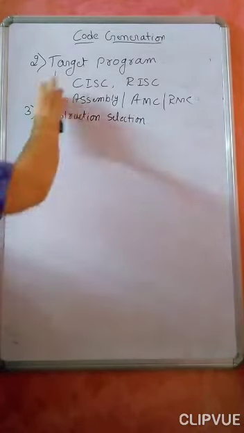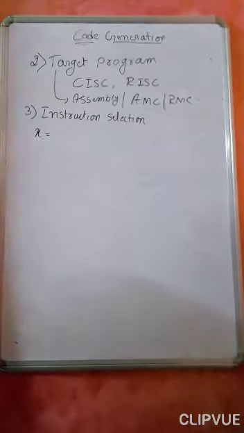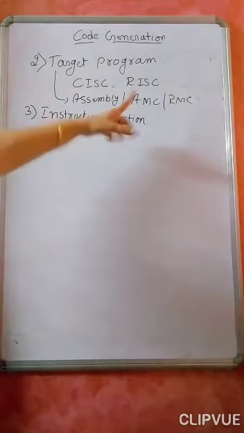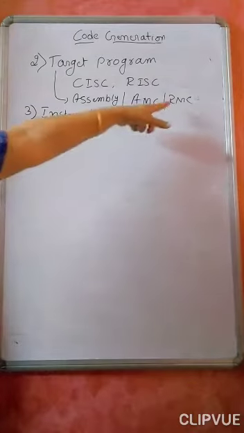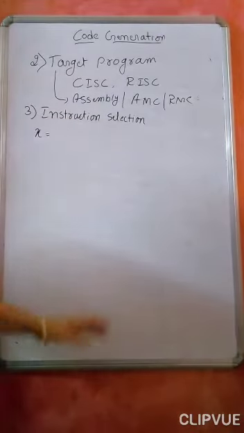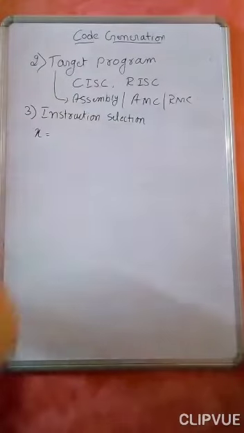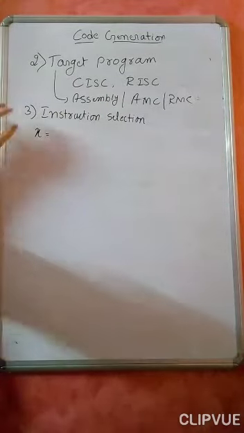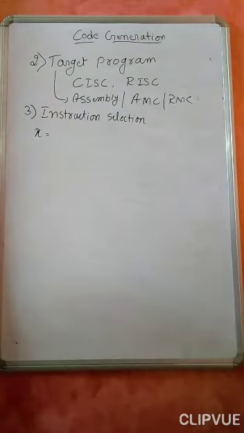And coming to your target program, just now what I told, it can be either assembly code, or absolute machine code, or relocatable machine code. Just now I explained. So those are the different target programs you can have as the output of your code generator.